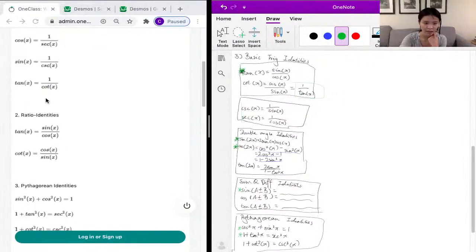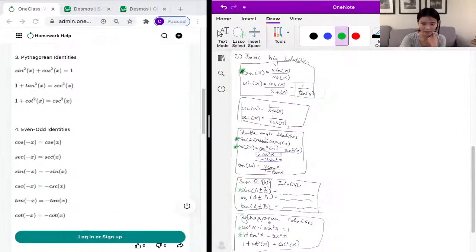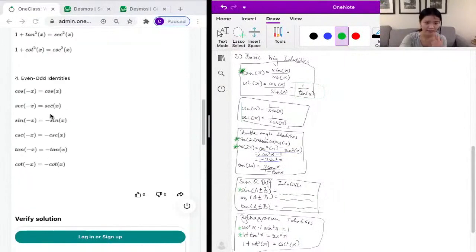We also have the ratio identities, which we had over here. And they had the Pythagorean identities. Yep, they're the common ones. I had it here as our last one. They also have the even and odd identities, or the negative identities.